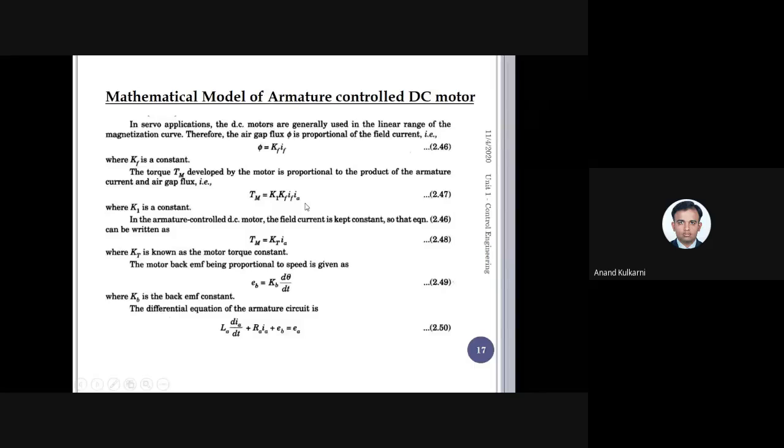That means Ia is the armature current, If is the field current, and these Ks are constants of proportionality. But out of these, we are keeping the field current constant. So all constants I will club into Kt. And so the torque generated by the motor is equal to Kt into Ia.